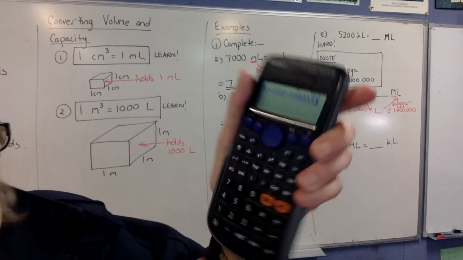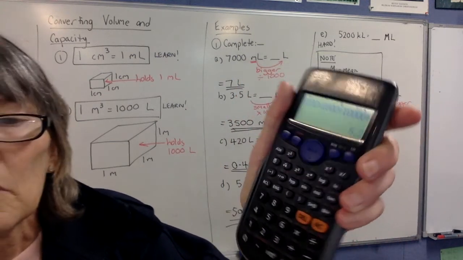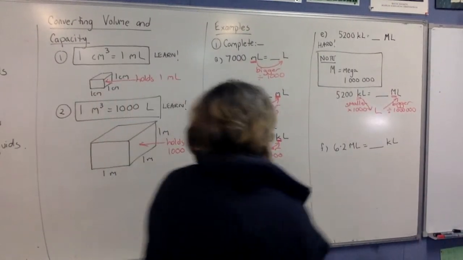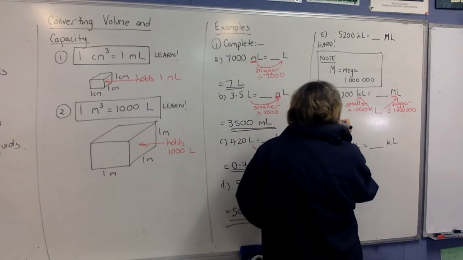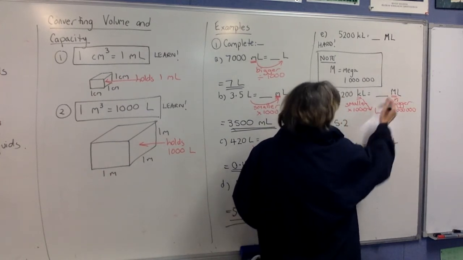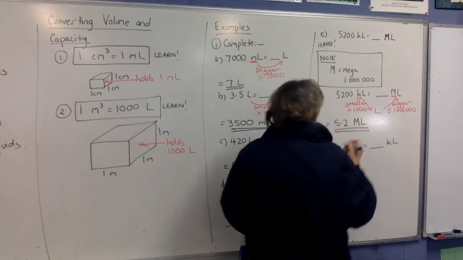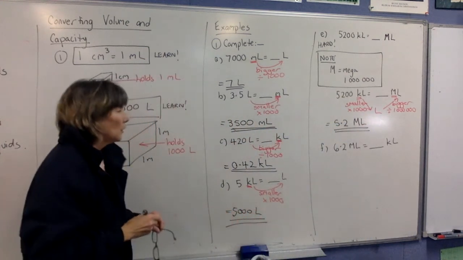Just count the zeros. And now we're going to press equals. And that's it, 5.2. And now we're going to write megalitres on the end. Big capital M, remember.